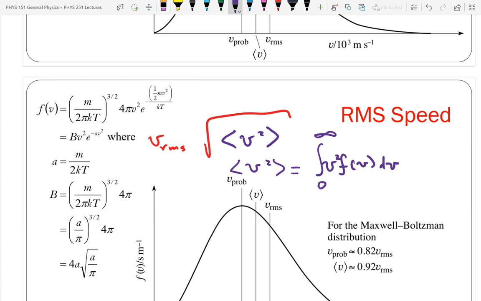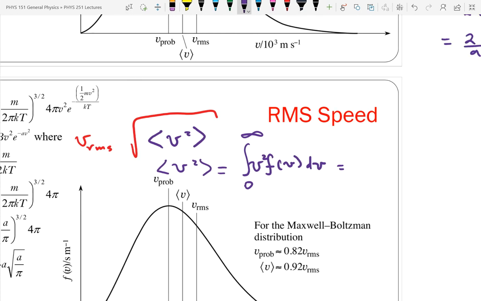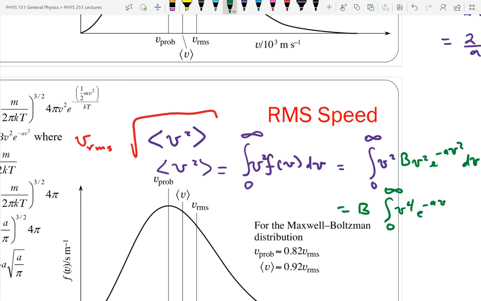Now I need to put in what f of v is. So that's equal to... bring out the b, combine the two v's, and that's equal to b times what?